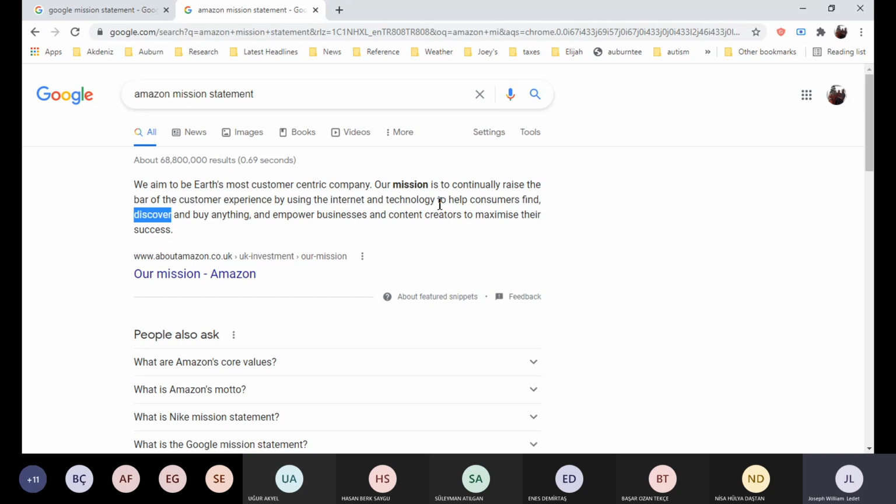So it's going to be kind of a little bit focused, but not so focused that you leave out. How can I put this? I'm having a hard time wording it well, but I think you guys probably are getting the idea of what a mission statement should look like.